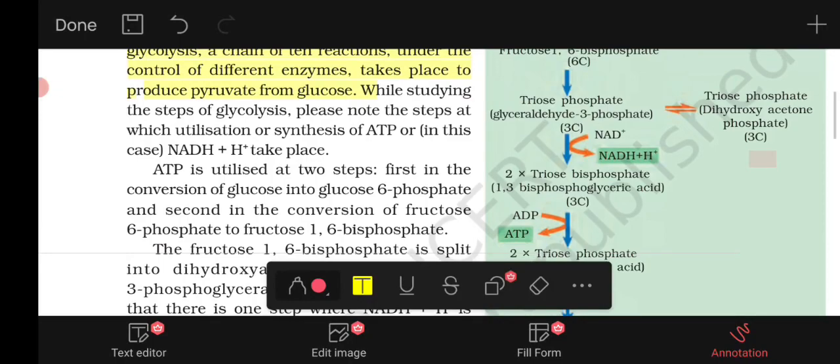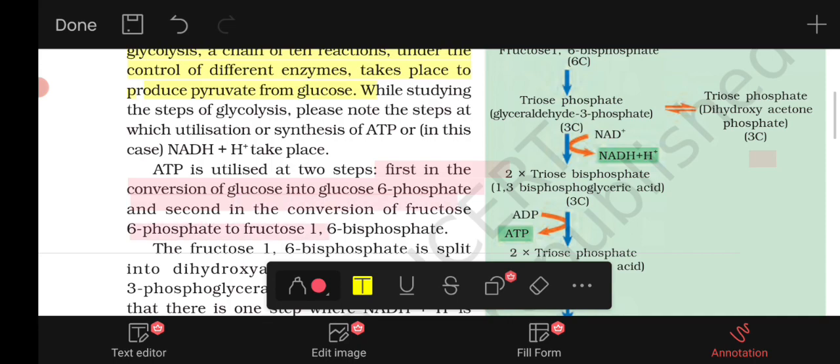While studying the steps of glycolysis, please note the steps at which ATP or NADH H+ is utilized or synthesized. ATP is utilized at two steps. We all know this: the first two steps, conversion of glucose to glucose 6-phosphate, and then fructose 6-phosphate to fructose 1,6 bisphosphate.